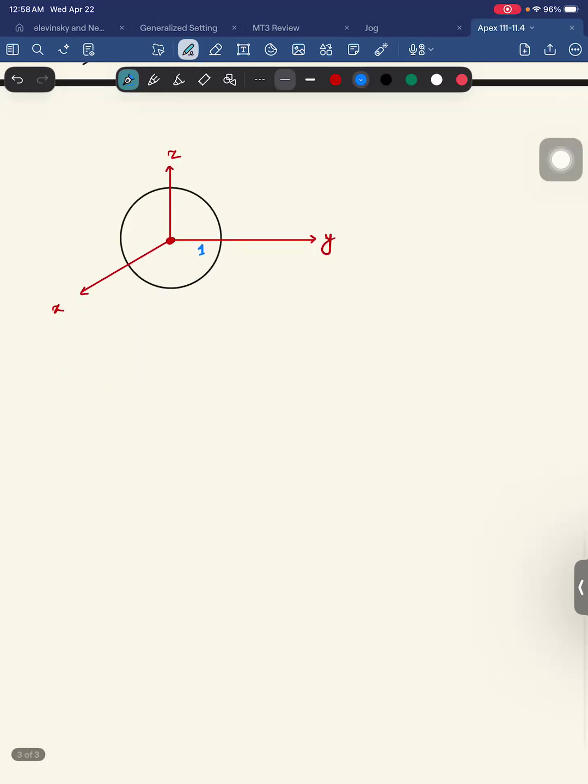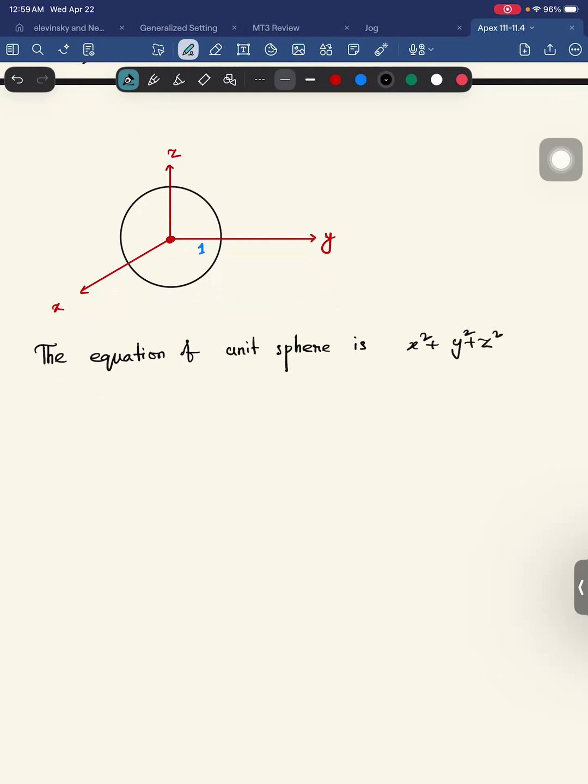And what is the equation of the unit sphere? The equation of the unit sphere is x squared plus y squared plus z squared equals 1.